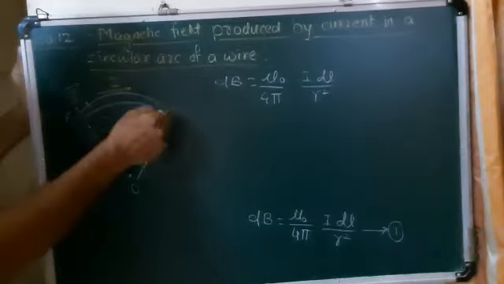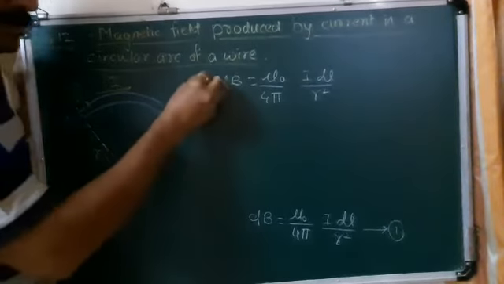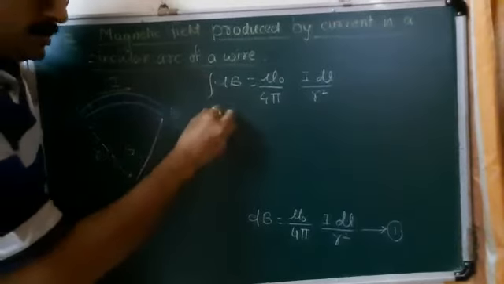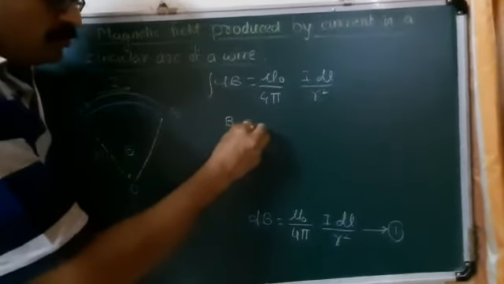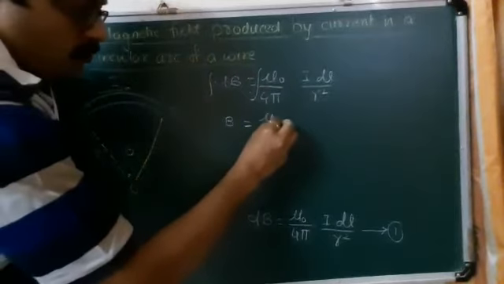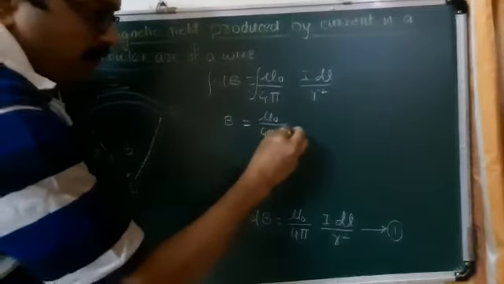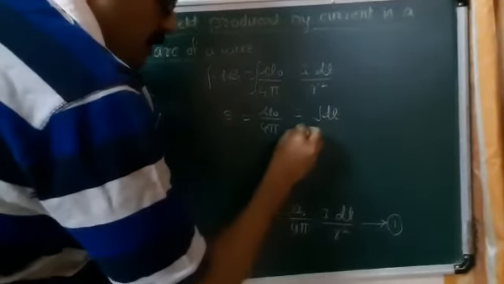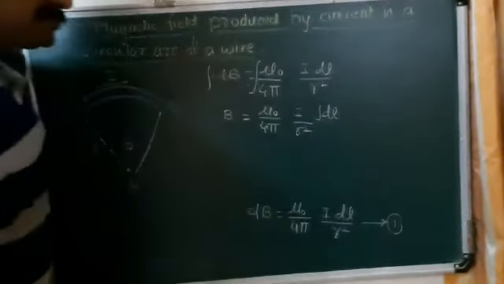Now for the whole wire we have to integrate this equation. The integral of dB will be B. Integrating on both sides, B is equal to mu 0 upon 4 pi I times the integral of dl upon r square.